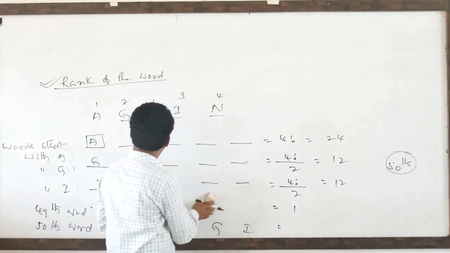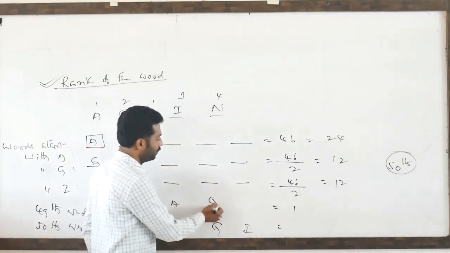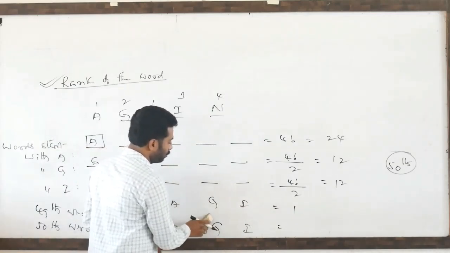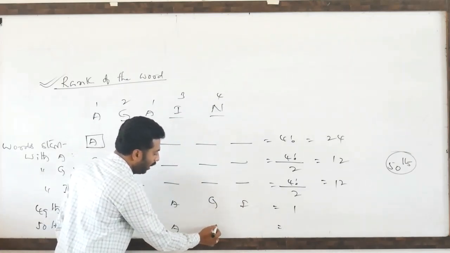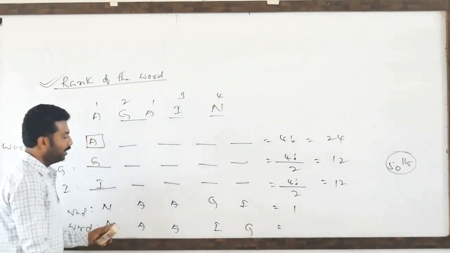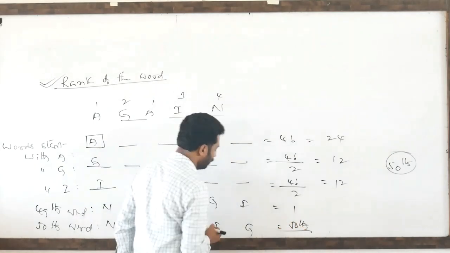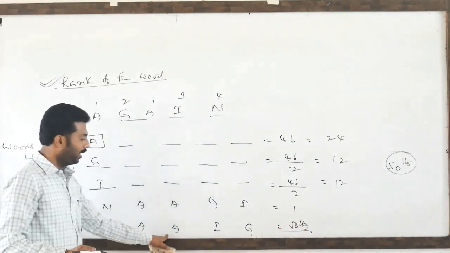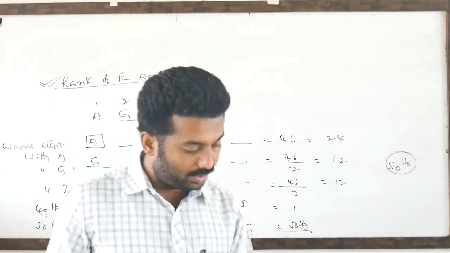So what is the order after A? After A, G will come. So this is G, I. So the 50th word is N-A-A-I-G.